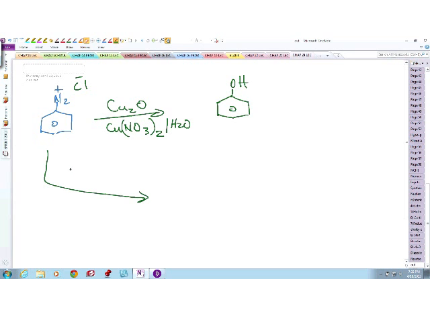Now we could do this. We will use hypophosphorus acid.